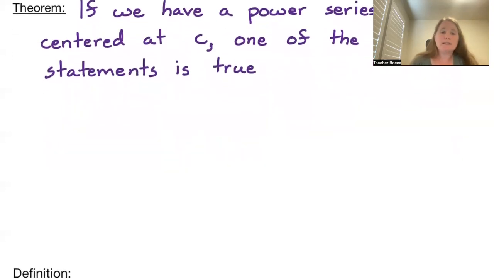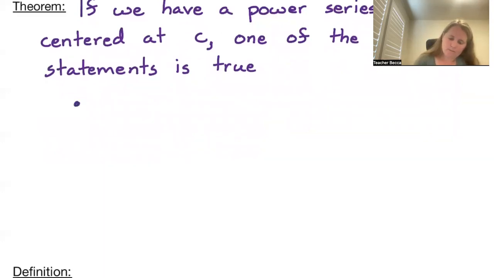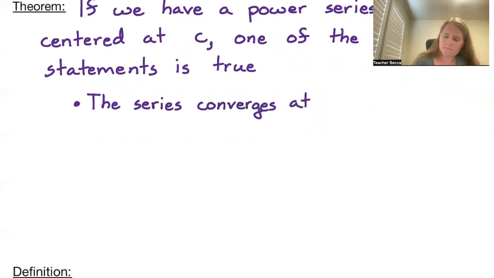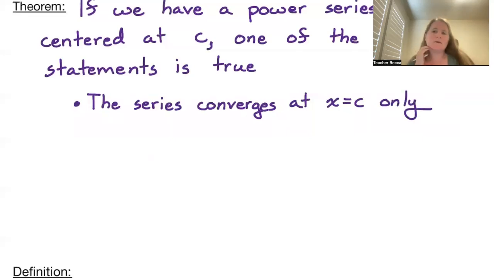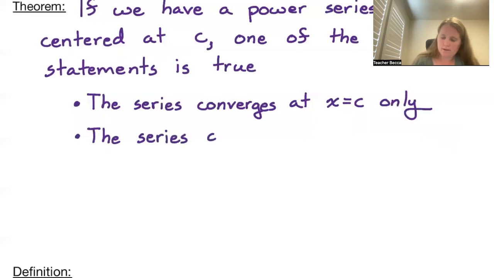So our first statement is that the series converges at x equals c only. Right, so essentially only when we're plugging in 0 to the untranslated series. The series converges everywhere, so for all x is our second option.